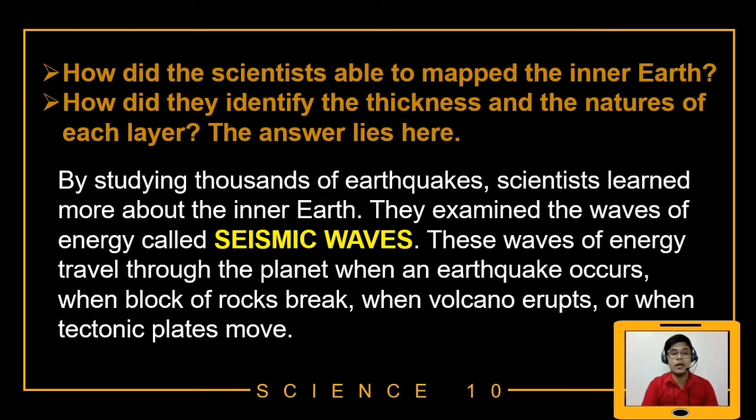These waves of energy travel through the planet when an earthquake occurs, when block of rocks break, when a volcano erupts, or when tectonic plates move. So basically, if there are occurrences like earthquake, moving or breaking of blocks of rocks, and also whenever there is eruption of a certain volcano or any tectonic plate movements, there is what we call releasing of these waves of energy called the seismic waves.